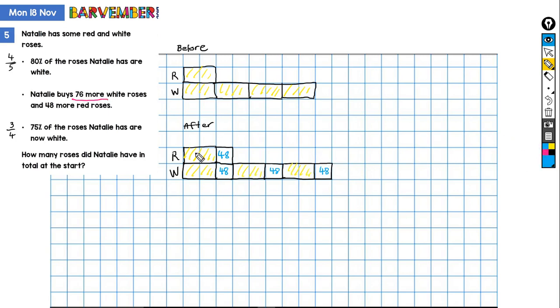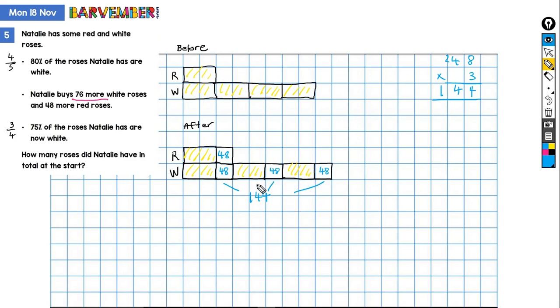So let's have a go. We need to multiply 48 by 3. So 48 times 3, that gives us 144. So these all together are 144. How does that help us? Well, we know that the 144 must also include the 76 that were added.